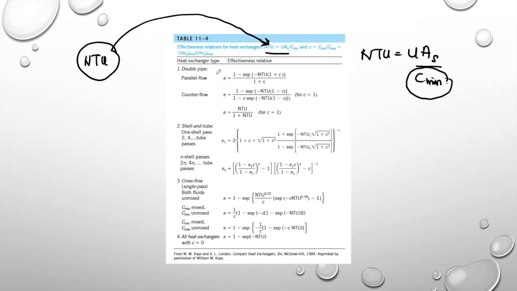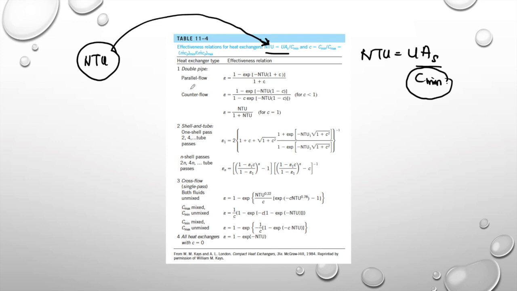So I will explain about this table. Okay, now we have different types of heat exchanger here: 1, 2, 3, and 4. So we have double pipe. In the double pipe, we have parallel flow and counter flow.